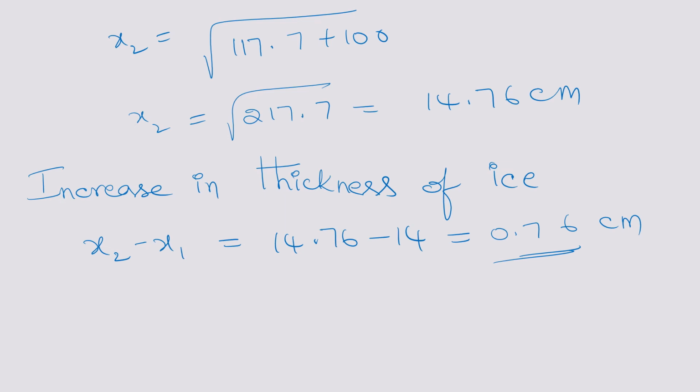Here increase in thickness of ice, x2 minus x1, is 14.76 minus 14, which is equal to 0.76 centimeters. This is the increase in thickness of ice. Okay, next we will go to the next question.